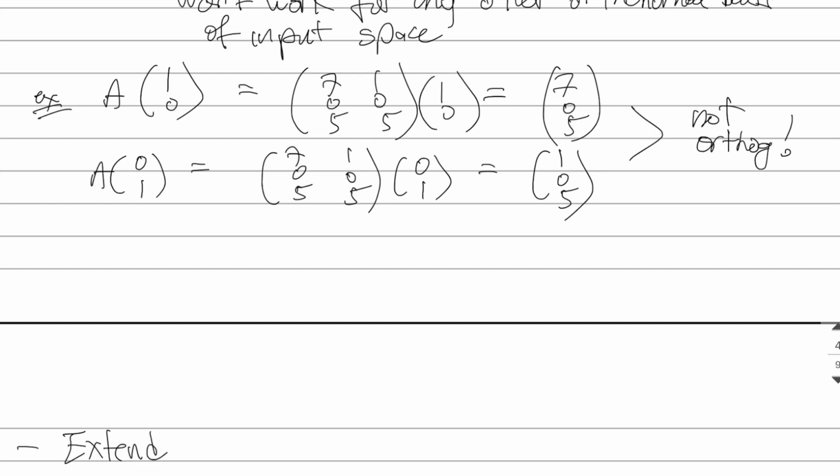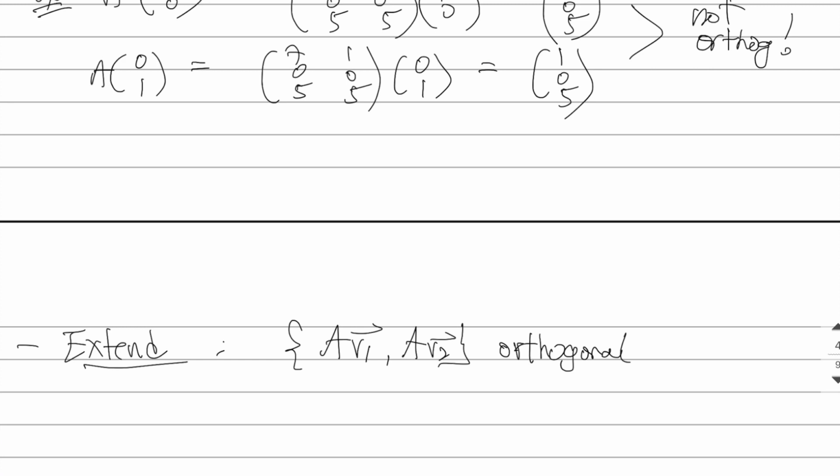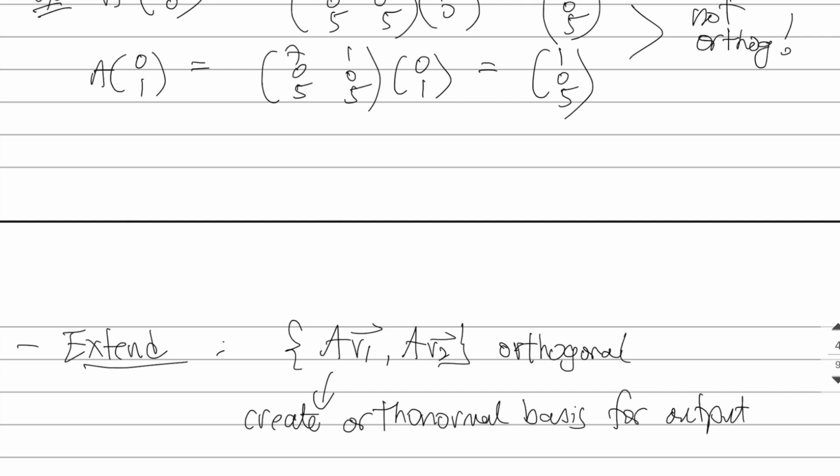We now know that if I take those two vectors that I just got, they are orthogonal, but I don't know what their length is. So what we're going to do is create an orthonormal basis for the output space, in this case the column space of A, which is that plane in R3.